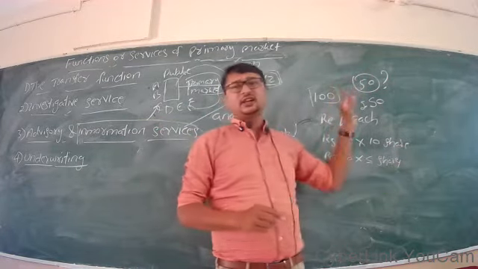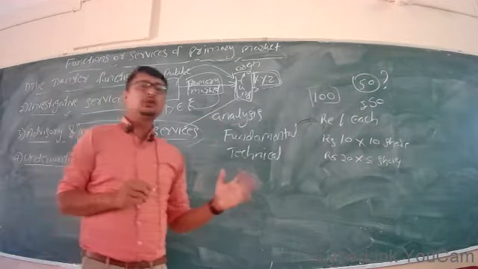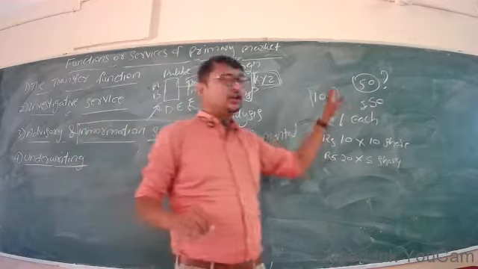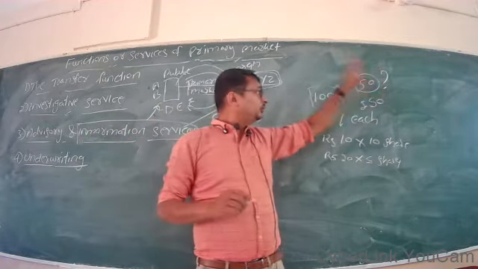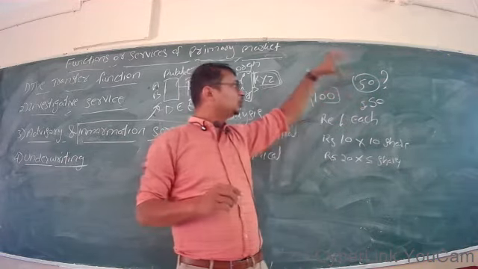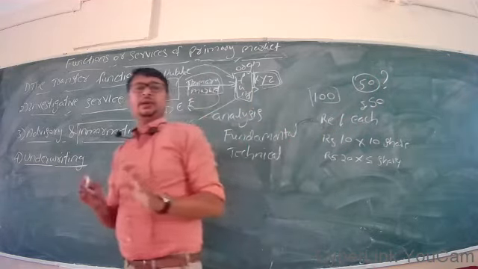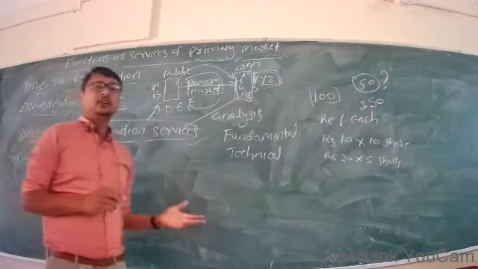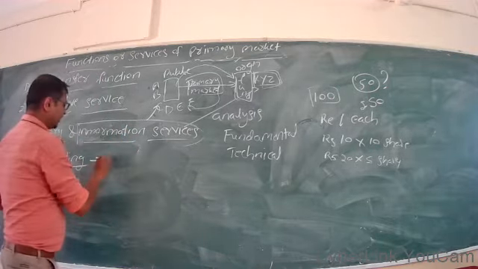If the entire 100 rupees is subscribed by the general public, then no issues. The company gets 100 rupees as it intends. But if it is partially subscribed, that is, the general public subscribes only 50 rupees, then what about the remaining 50? This remaining 50 is subscribed by a financial institution.